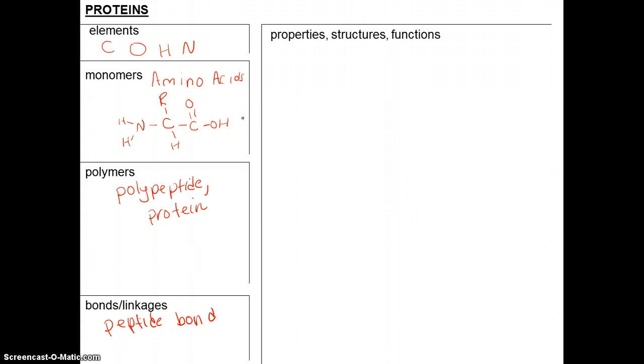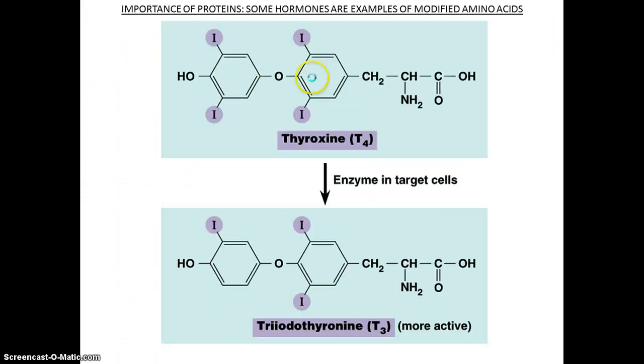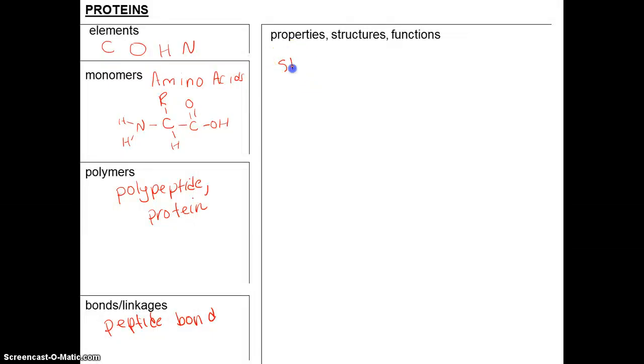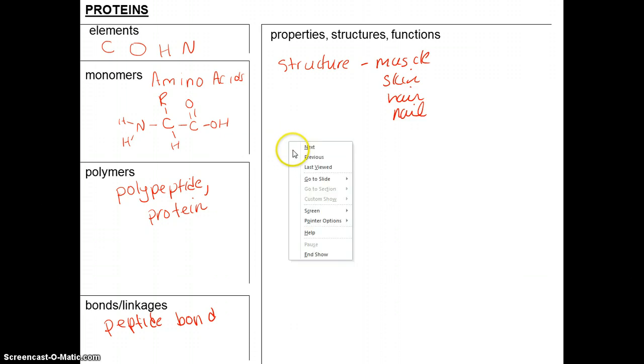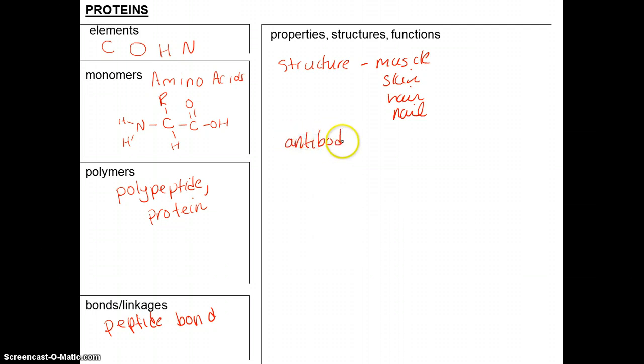So properties, structures, function. Proteins are important to us because they're part of our structure. For example, muscle, they're part of skin, hair, nails, and so forth. They are part of our immune system, like antibodies.